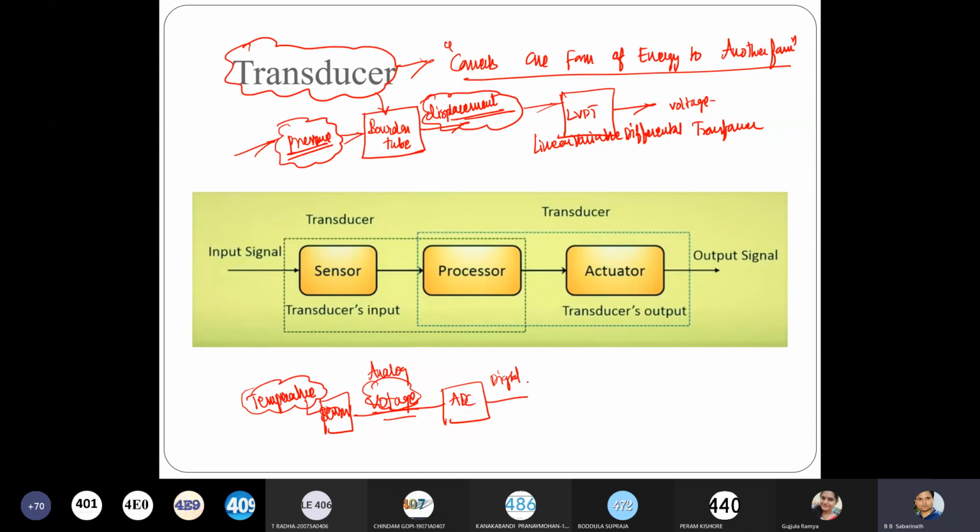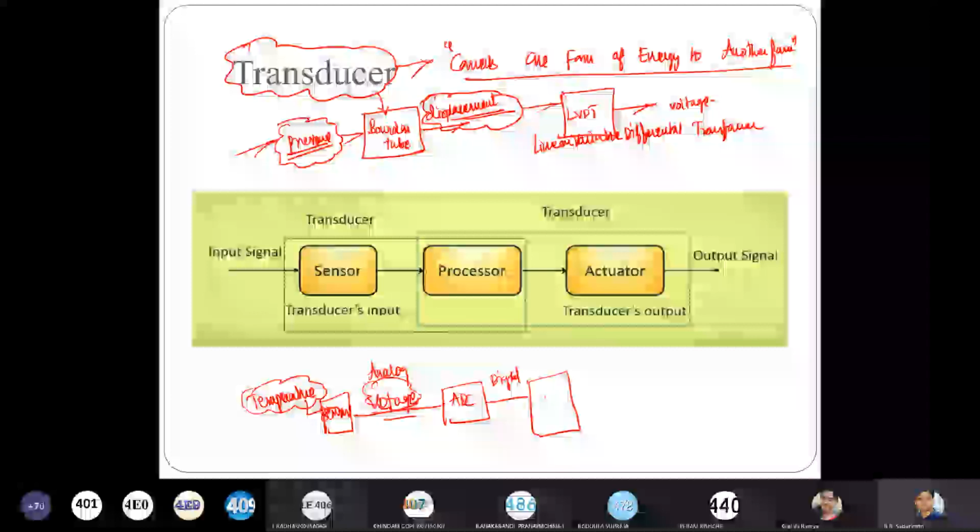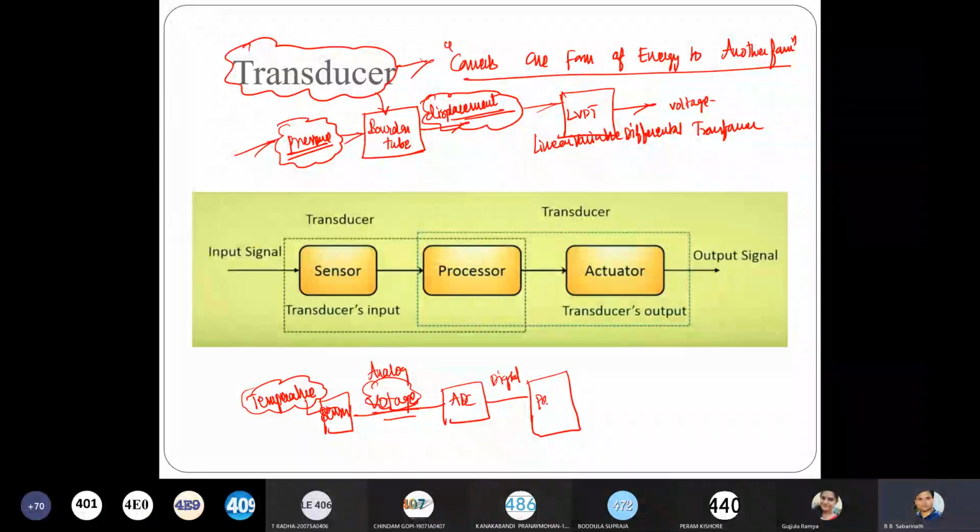Then I can read this digital voltage inside a processor, microprocessor or microcontroller, so I can do the processing. I cannot directly read the temperature into a microprocessor, right?